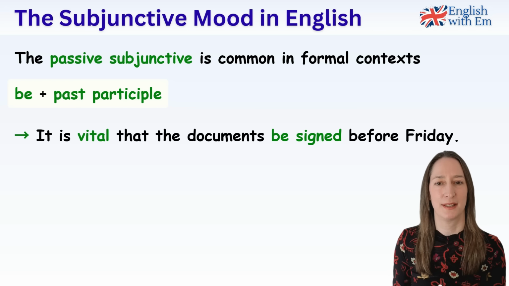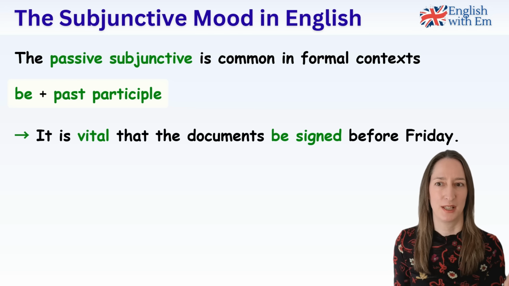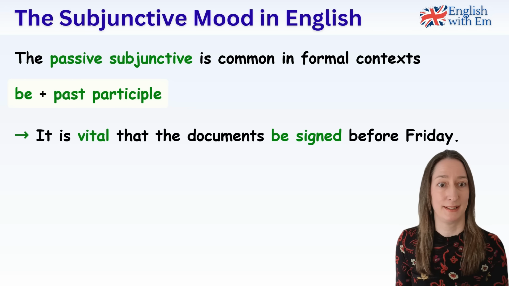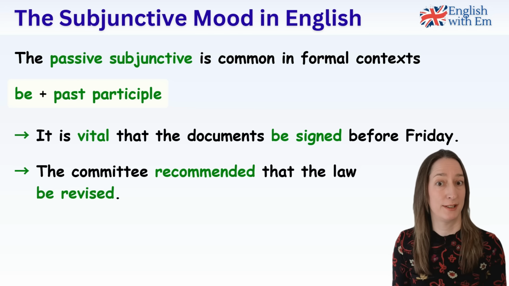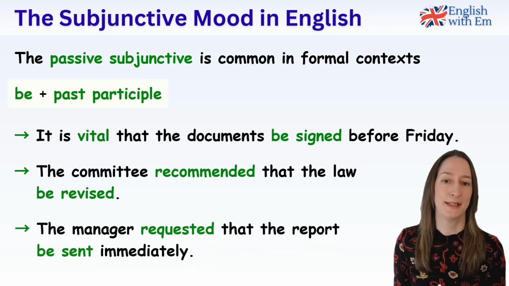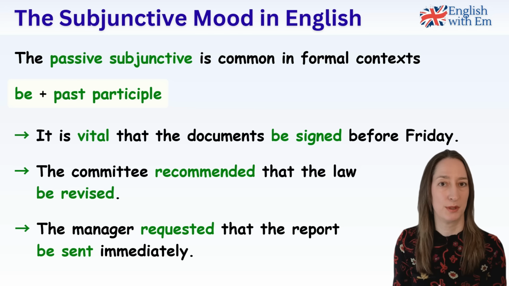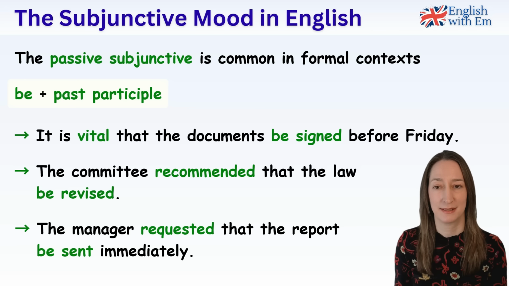It is vital that the documents be signed before Friday. So we don't make any modifications to be. We don't say it is vital that the documents are signed before Friday. No, be signed. The committee recommended that the law be revised. The manager requested that the report be sent immediately.